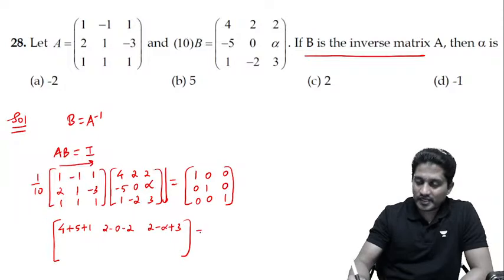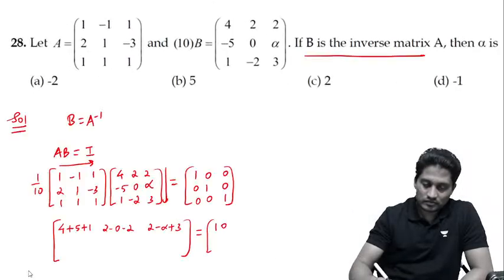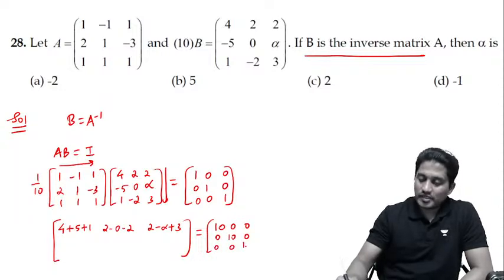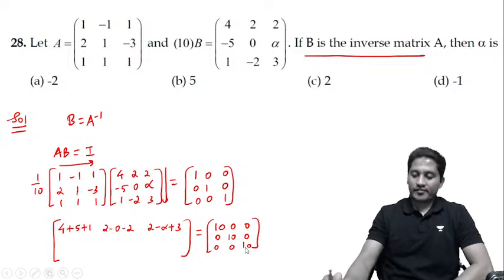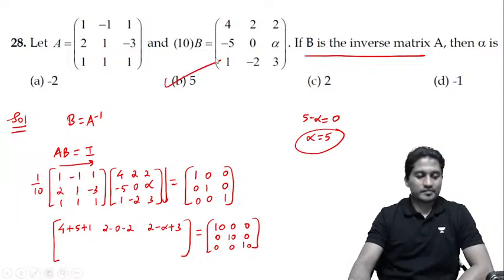If I cross multiply 10, I'll get 10 0 0, 0 10 0, 0 0 10. So by equality of matrices, I need not find everything. If I equate, you get 5 minus alpha is 0. 5 minus alpha equal to 0, right? Alpha equal to 5. Answer is option B.